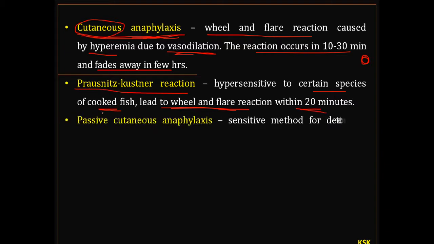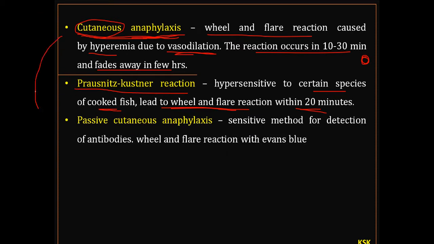Another one is known as passive cutaneous anaphylaxis. It is somewhat similar to cutaneous anaphylaxis, and it is a sensitive method for the detection of antibodies. If you want to check the working of antibodies, you can inject these antibodies into a person and check for the wheel and flare reaction. Along with the antibody, we give Evans blue, which acts as an indicator.